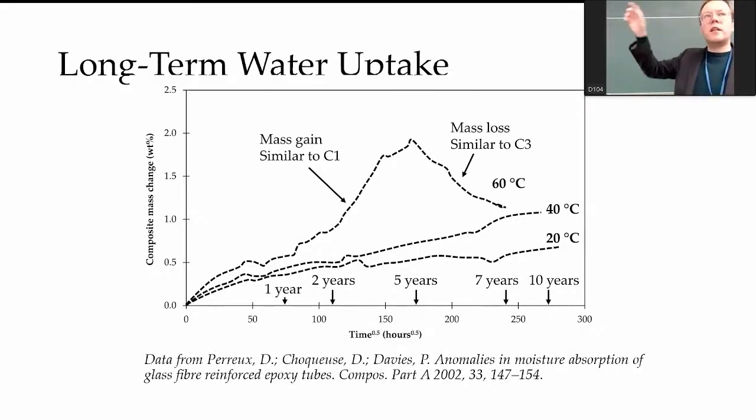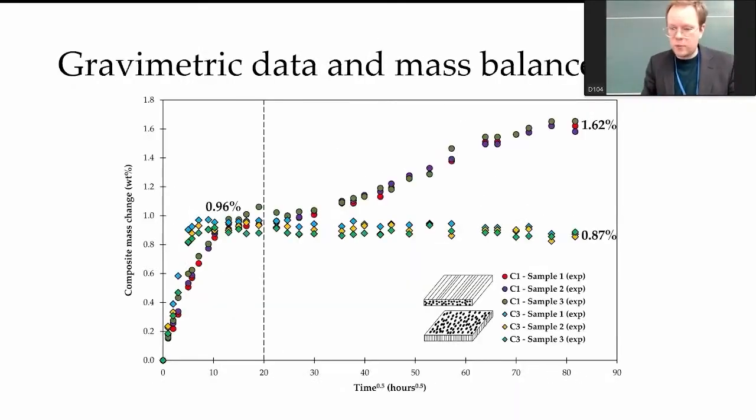And this channel can leach this water outside, and we suddenly lose this mass. And this is for C3 composition for the short fiber for the transverse. It happens very quick. So we don't see an increase of weight uptake, and it straight goes to the degradation.